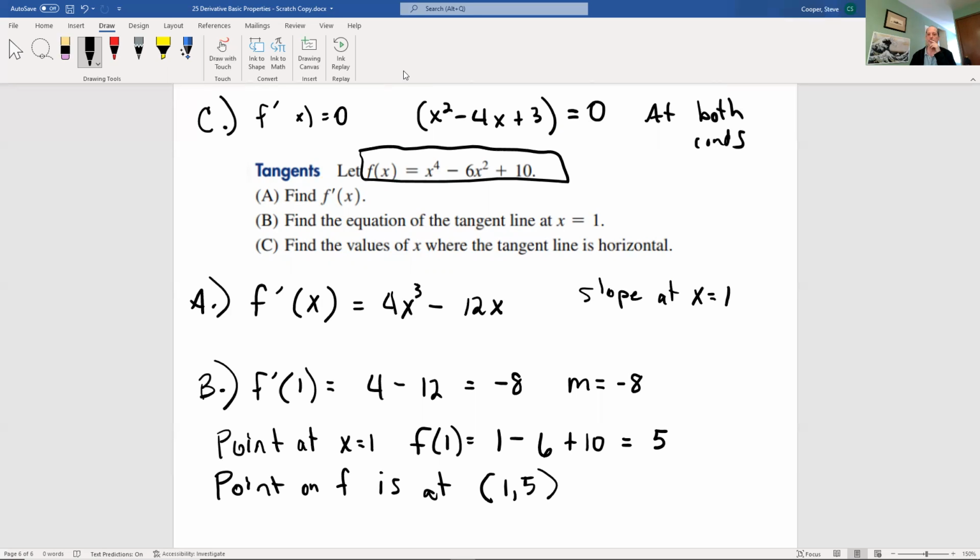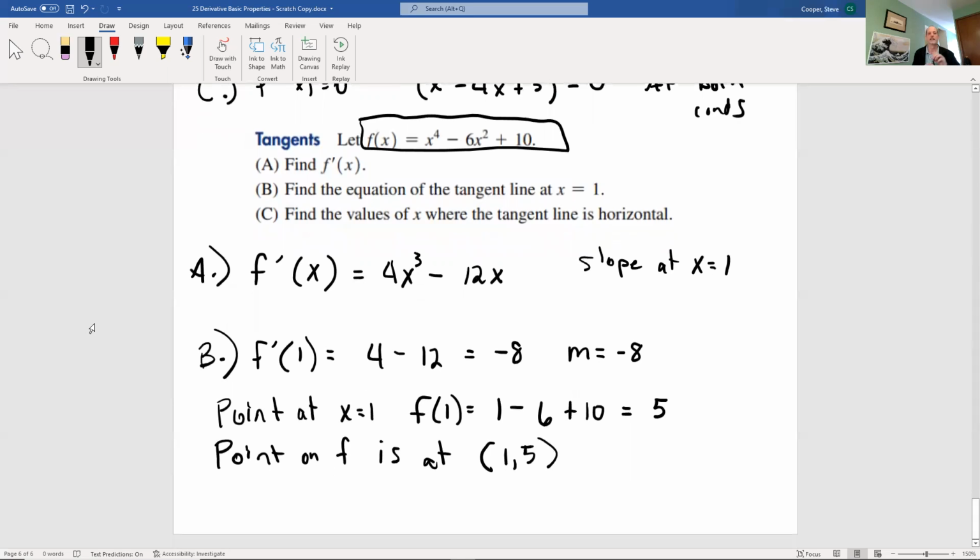That's where my tangent line has slope -8. So we've got all the parts we need to build our line. Okay, so remember y minus y1, or 5, is equal to slope -8 times x minus x1, which is 1.